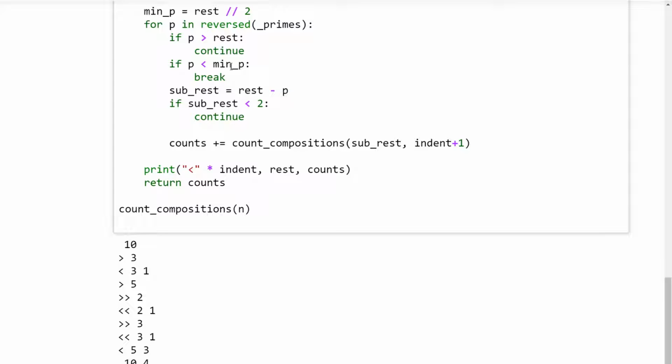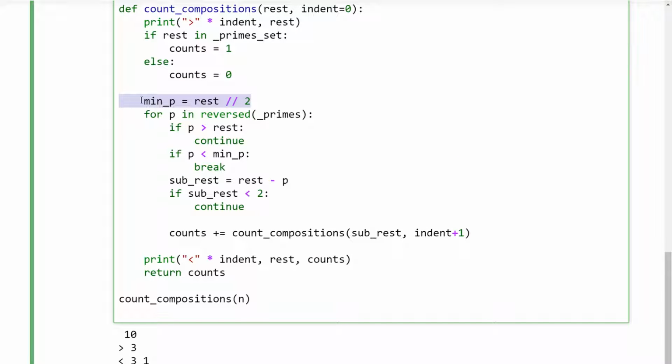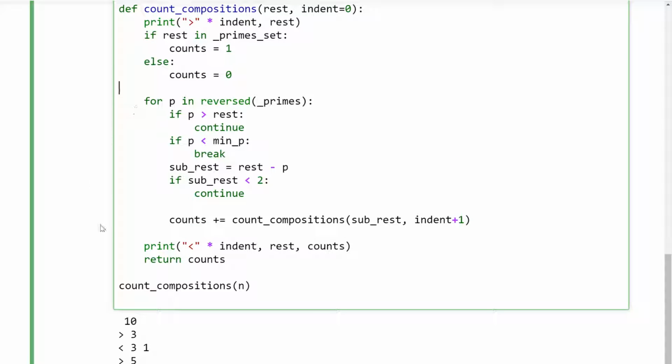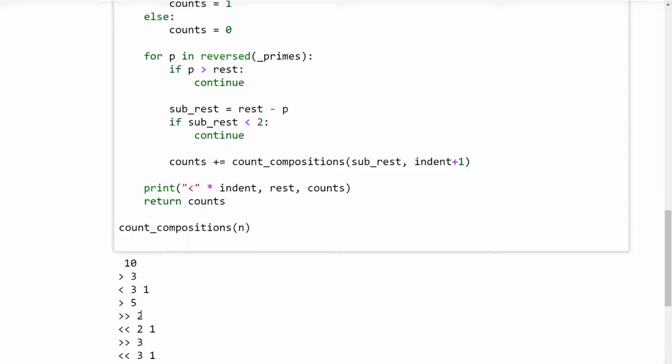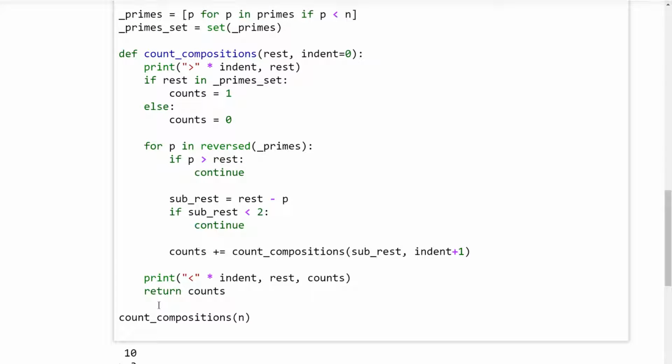Okay, so that's not it, but we are doing calls that are inappropriate, which is to say we're looking at the case with... let's see. I think if we are starting from reverse, why not pass not the rest, but p to the count composition?